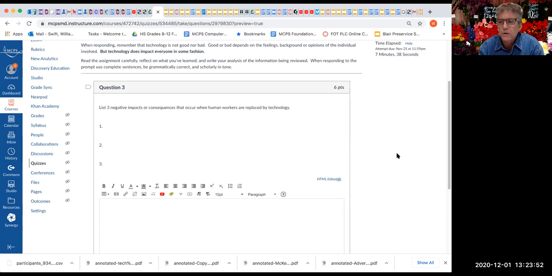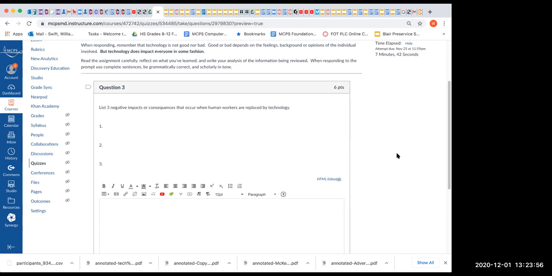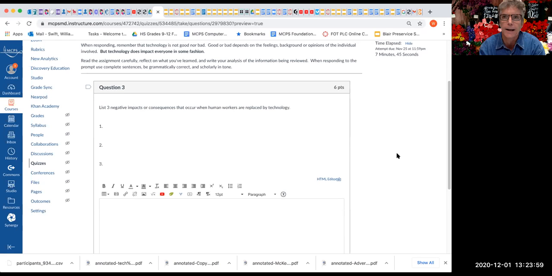It's more efficient. What's going to happen is the machinery is going to pay for itself over time. It is going to be more expensive for the company in the first 5 years, let's say, to mechanize their assembly line with robots than it is to pay their workers for the next 5 years.